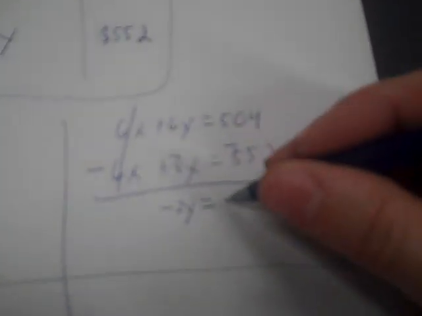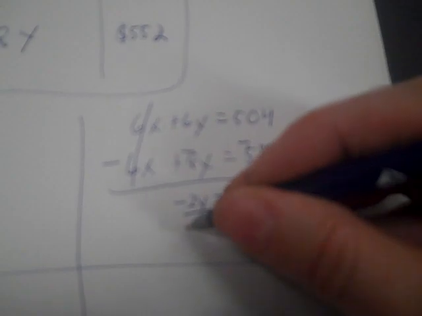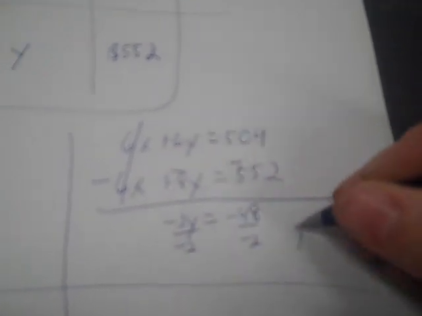That is 504. Then in the bottom you got 6x plus 8y equals 552. Negative out, negative, negative. So I add, you get negative 2y. Then I add those, you get negative 48. Divide by negative 2, and y is 24. So y is the type B bottles, 24 of those.